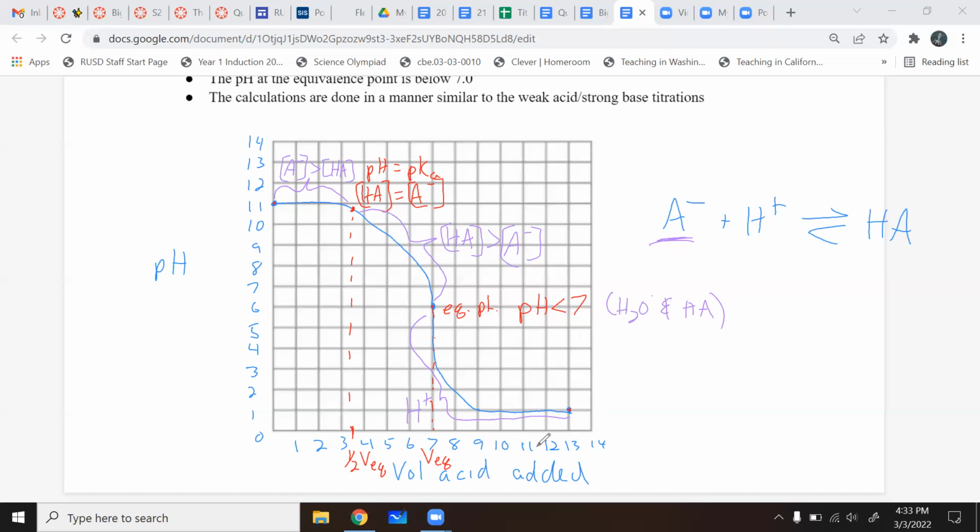Now, depending on what your strong acid is, you might also find some anions down here, just like in our graph above, when OH minus was most prevalent, you're also probably going to find some spectator cations there. So on an AP test, if it asks you what is particularly prevalent at what point, you have to think about, okay, well, what was originally attached to this H plus ion?